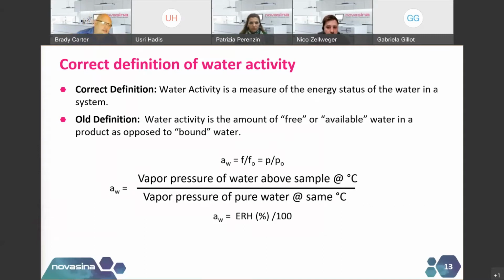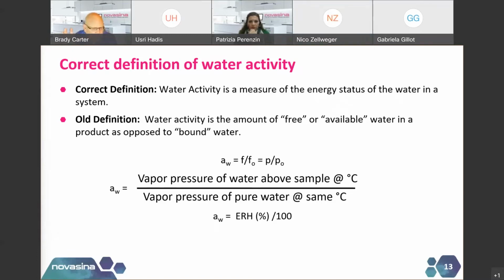And eventually you'll get to a point where the pressure exerted, or the number of water molecules in the vapor state, is what you would get if you had pure water. So really you're talking about a ratio of the energy of water in a product as compared to what the energy would be if you had pure water.